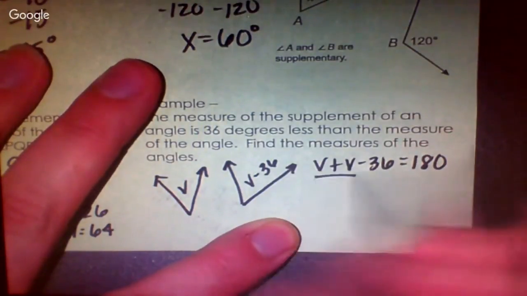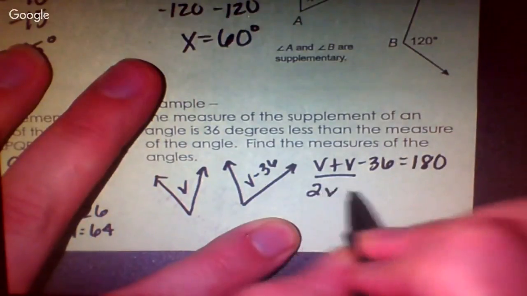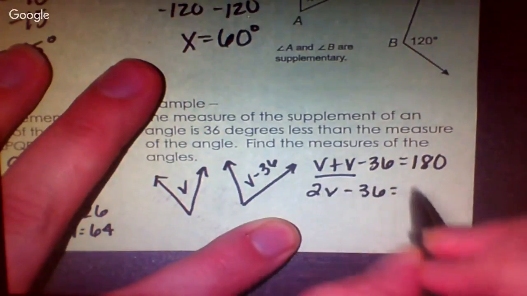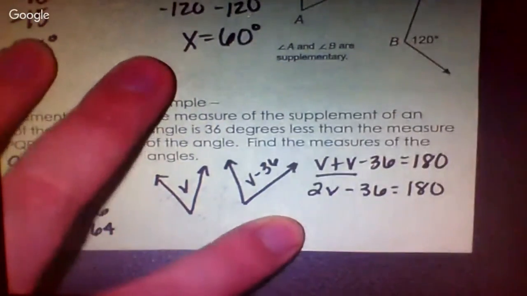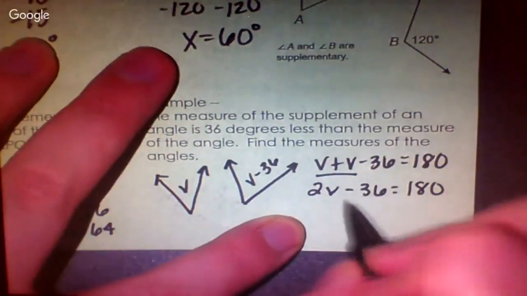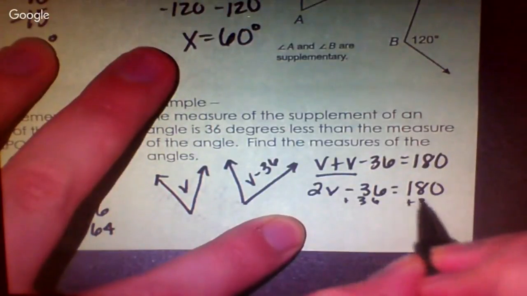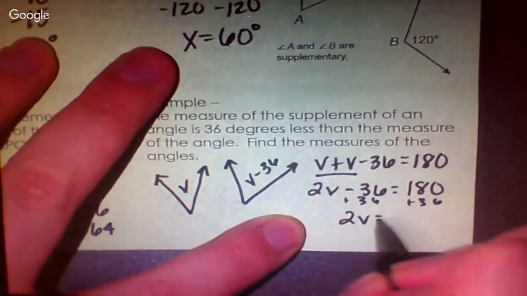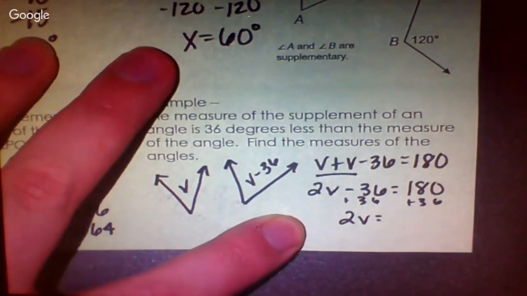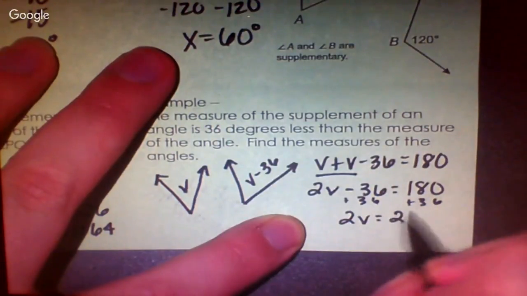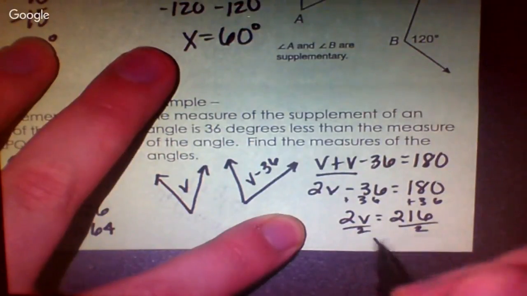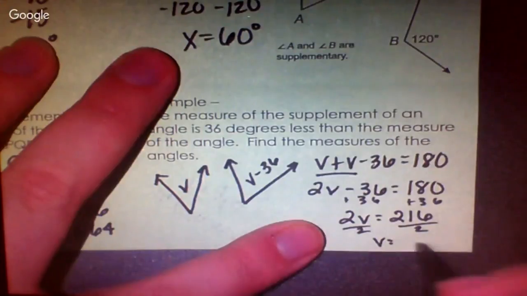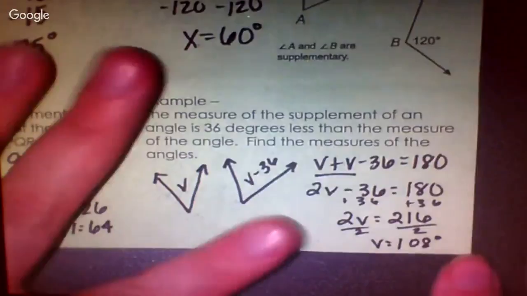So we combine like terms, and you get 2V minus 36 equals 180. What's next? Add 36 to both sides. You get 2V equals 216. And divide by 2. So V equals 108. 108 degrees.